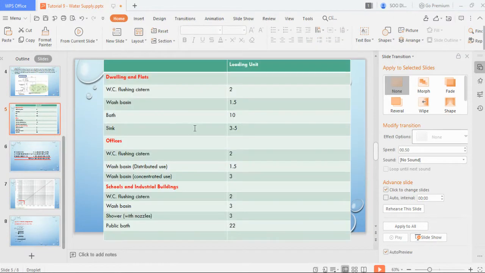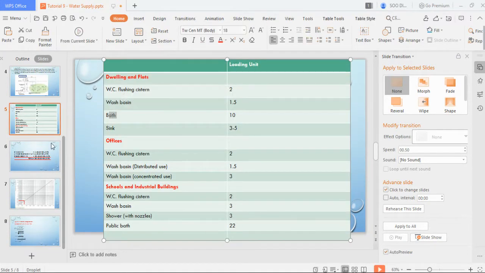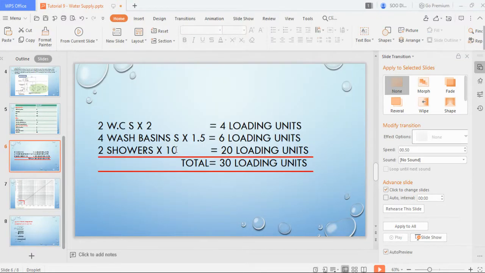Okay, sorry, your bath, which is the shower also, is 10. 2 multiplied by 10 will be 20, and you get the total of 30 loading units.